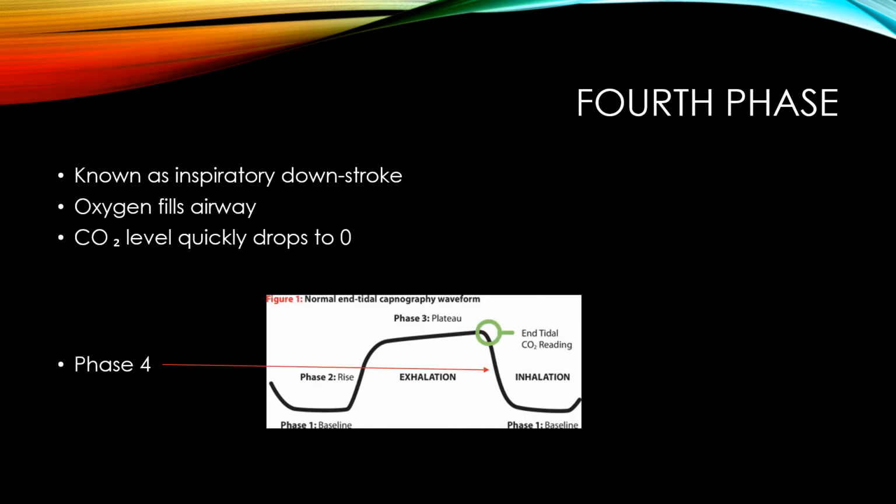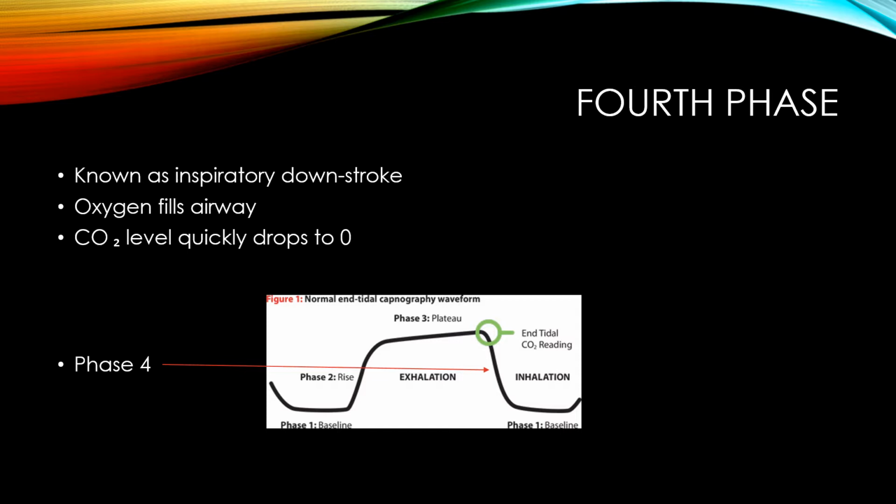The last phase, also known as the fourth phase, is called the inspiratory downstroke. This is the downward deflection of the waveform, which is caused by the washout of CO2 that occurs in the presence of the oxygen influx during inspiration. So this starts all over again. You will see each of these phases for each breath that somebody takes.